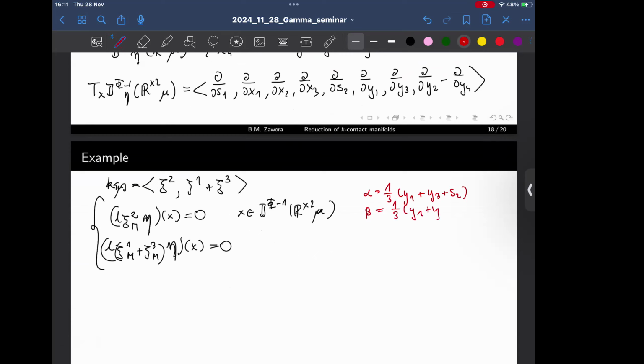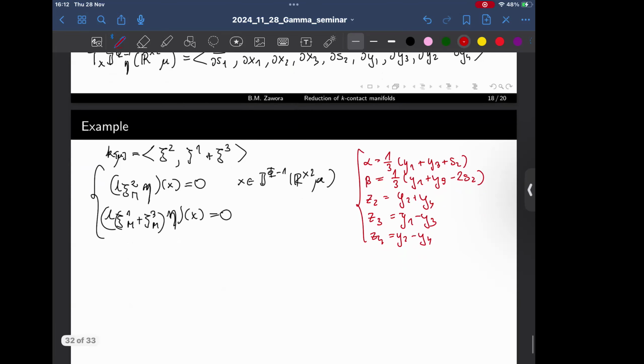It's 1 plus y3 minus 2s2, z2 is y2 plus y4, z3 is y1 minus y3, and z4 is y2 minus y4. Okay, so now the level set J2 minus 1 of R cross mu is given by x4 equal 0 and z2 equals 1.